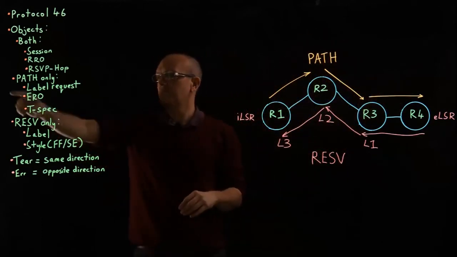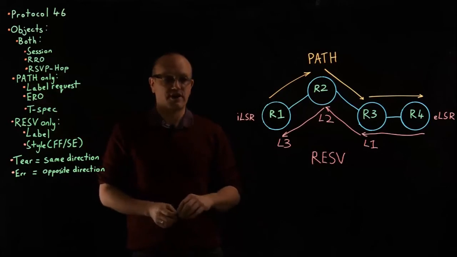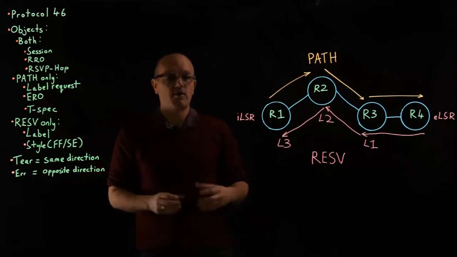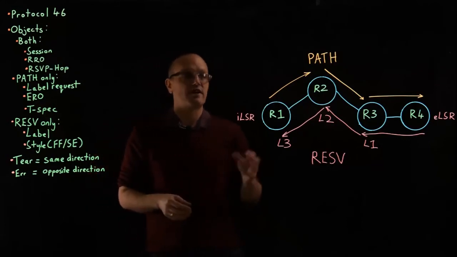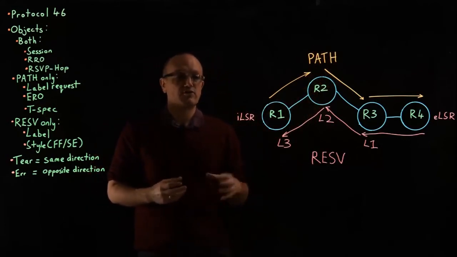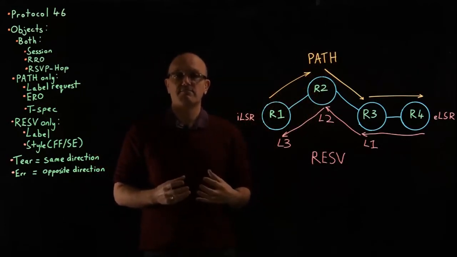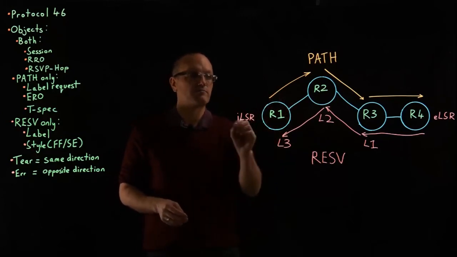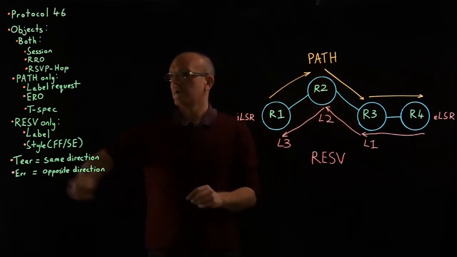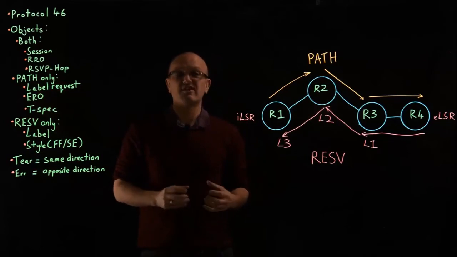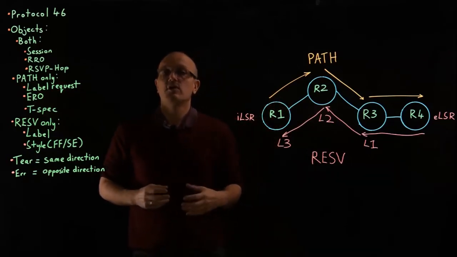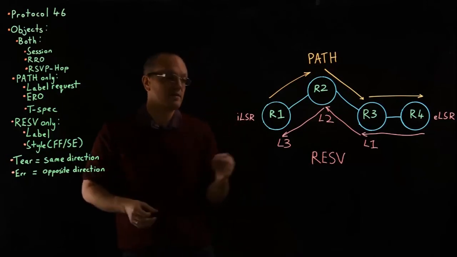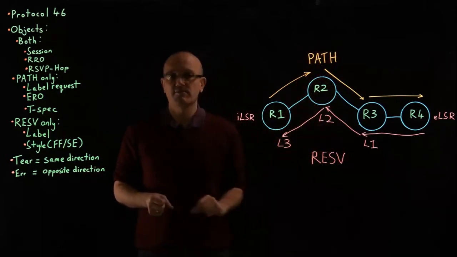And then we have the RSVP hop object. The RSVP hop object notes the previous router that has processed this message. So in this example here, if we have a path message sent from R1 to R2, the RSVP hop object is going to be equal to R1. So those are objects that we see in both message types.